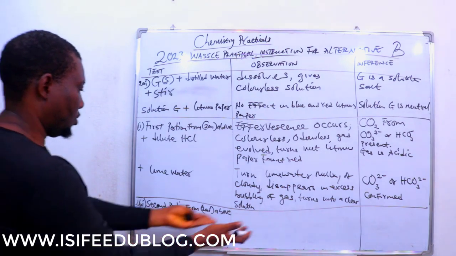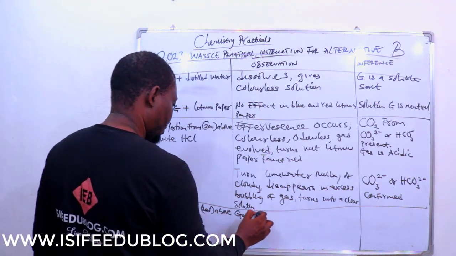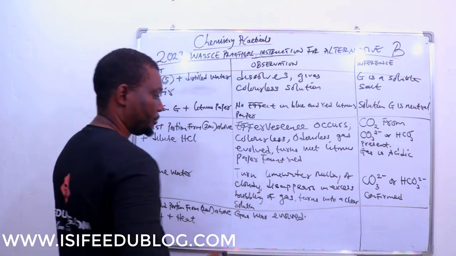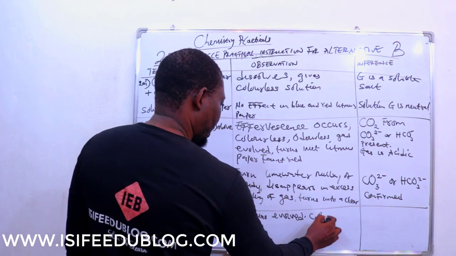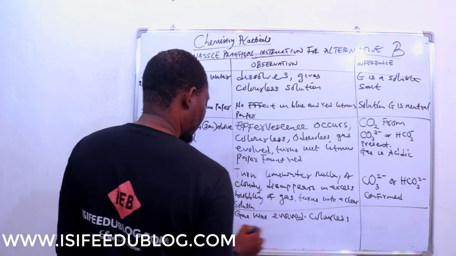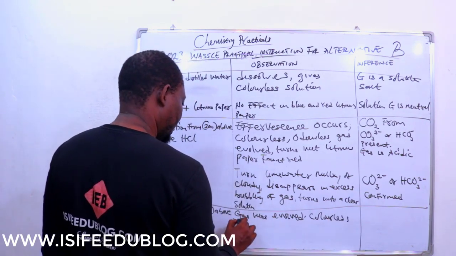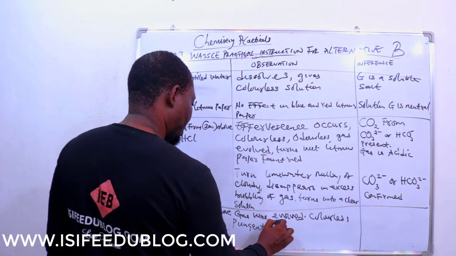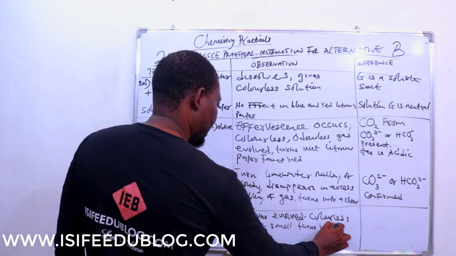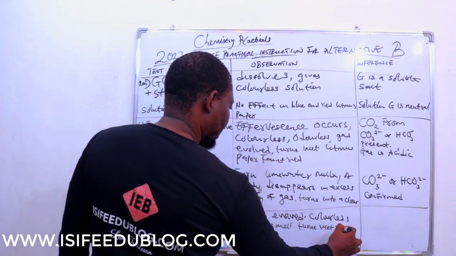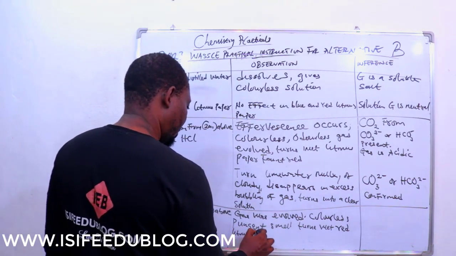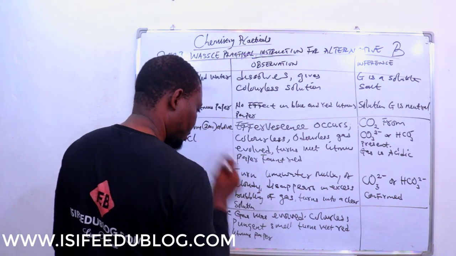So what's going to be the inference? Gas was evolved: colorless, pungent smell, turns wet red litmus paper blue.